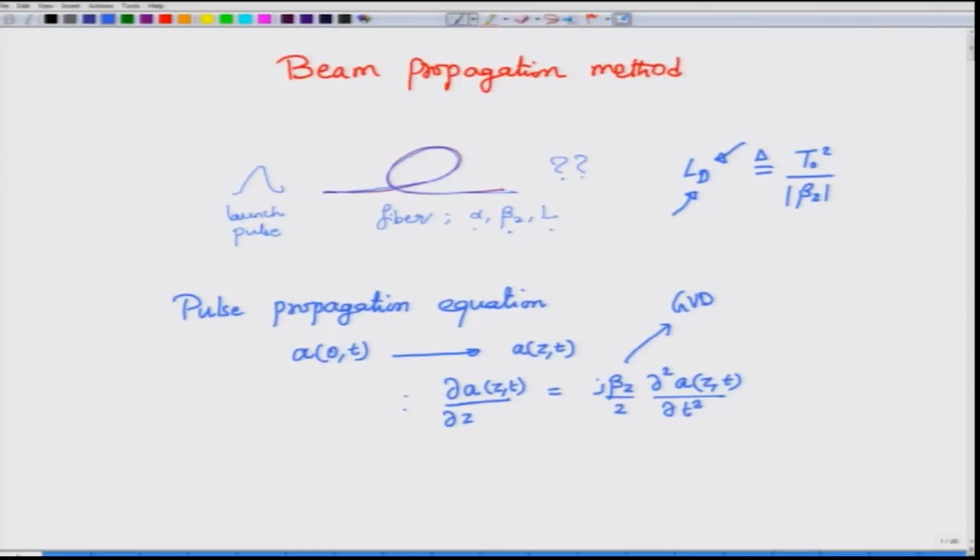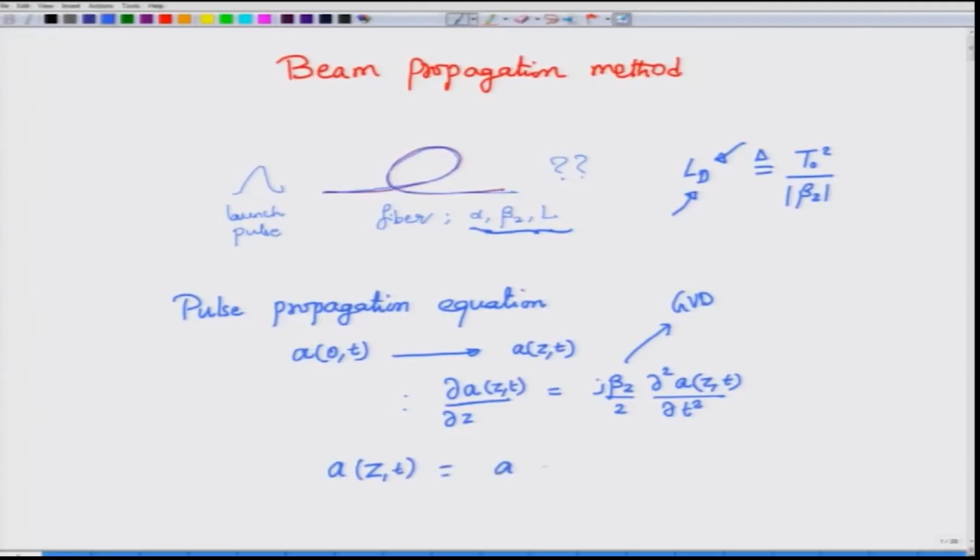Of course, you might observe that in the pulse propagation equation that we have written, we have not really included attenuation alpha. Now, there is a simple phenomenological way of including alpha. For example, suppose the fiber has no dispersion, which means that beta 2 is equal to 0. Then what do you expect the pulse to actually look like when it propagates through the fiber?